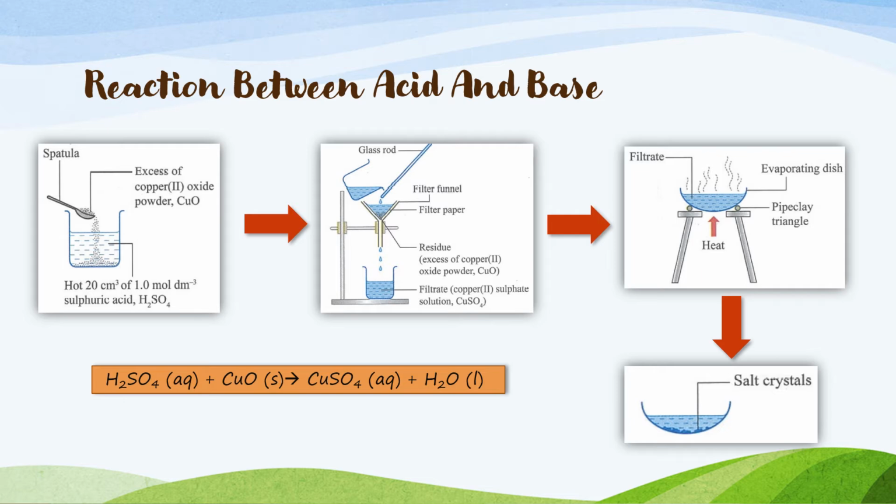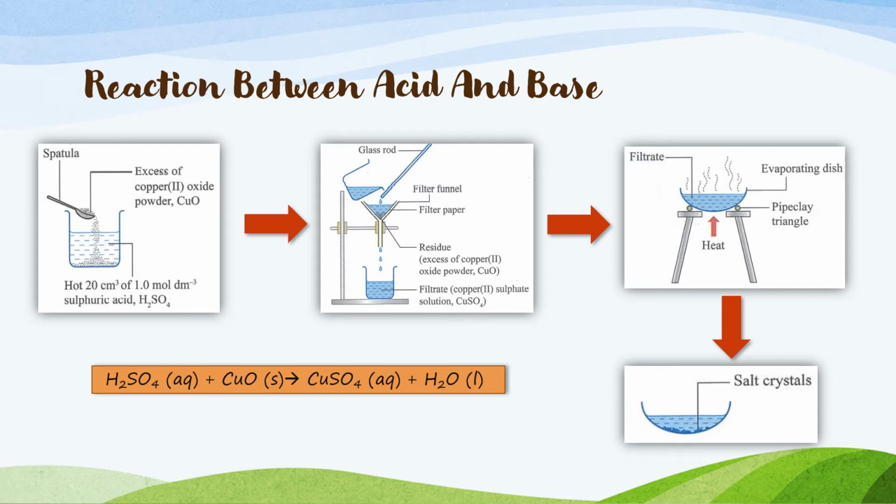After that we can evaporate the water from the copper 2 sulfate solution. We heat the solution until it is concentrated, and then we allow the solution to cool so that salt crystals can form.